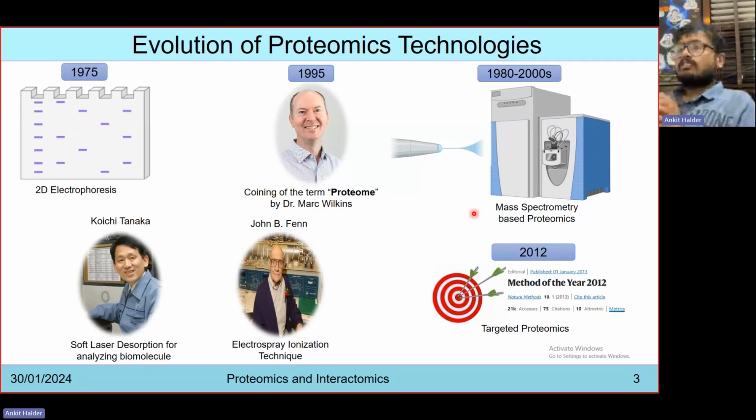But this was not possible earlier because the laser desorption ionization method that was present was mostly used for analyzing chemical molecules, where disruption of the molecules does not matter so much.